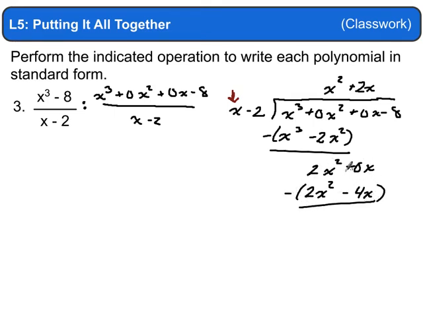This cancels out. 0 minus negative 4 is 4, so we put 4x. We bring down the minus 8, and then x goes into 4x 4 times. And so you end up with 4x minus 8, and then of course our remainder is 0.